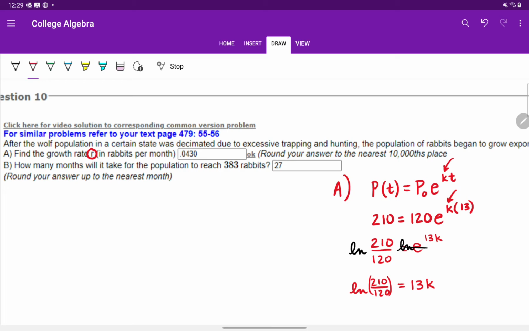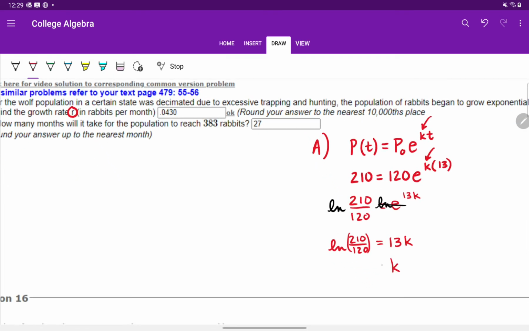Then we can divide both sides by 13, and we get k equals natural log of 210 over 120 divided by 13. Plug this into your calculator, and you should get 0.0430-ish. And they specifically say round to the 10,000th place, so that's why we're taking it out so far.